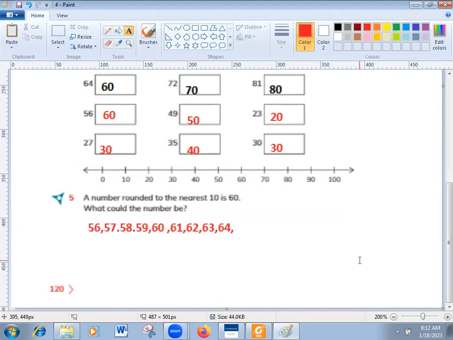So these could be the numbers that were rounded and written as 60. When we are rounding, first of all, we will see the ones. If the ones are less than 5, we are going to take the back tens.